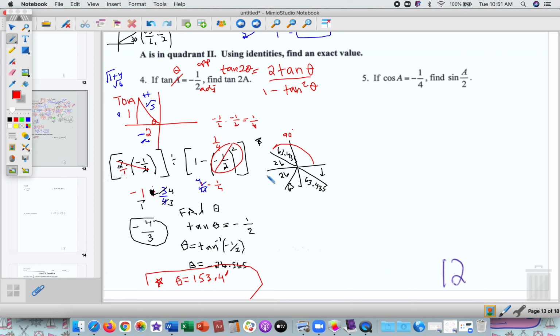So we had to figure out, using reflections, what value this angle would be in quadrant 2. And then if it said what quadrant is 2 theta in, you would have to find sine of 2 theta, cosine of 2 theta, and tan of 2 theta, and see where they were all positive and negative, and then based on that figure out your quadrant where 2 theta is.